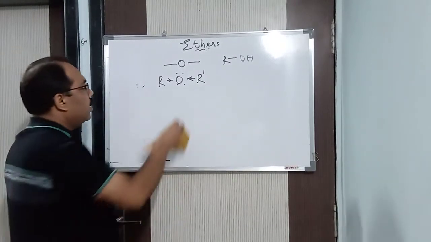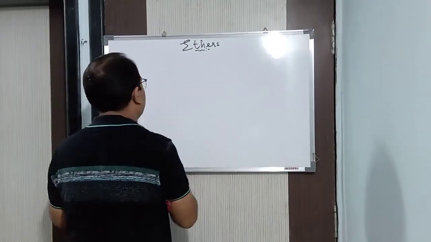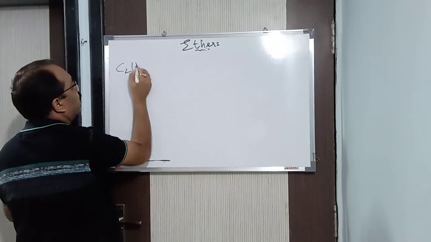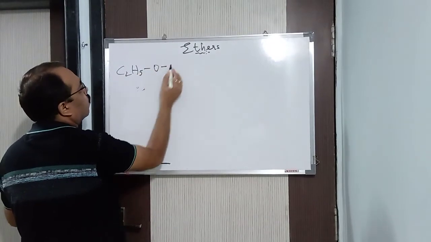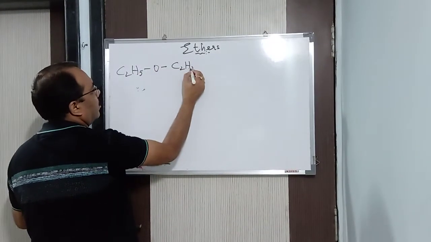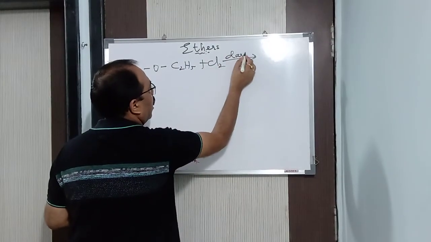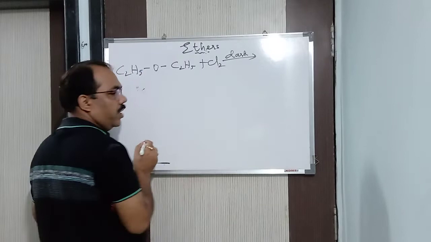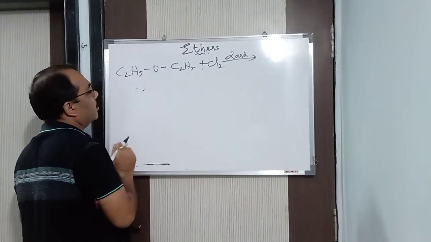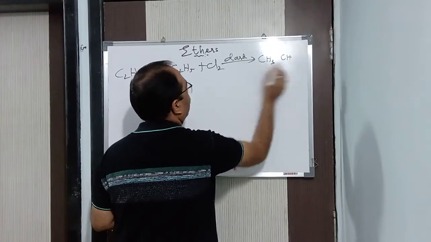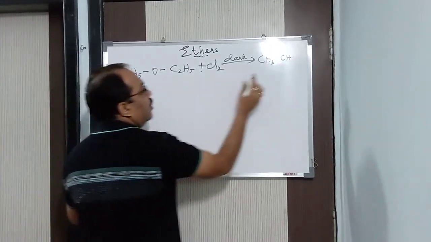First of all, ethers when they react with halogens. Suppose I take C2H5 O C2H5 plus Cl2 in presence of dark. What will happen? You will get CH3 here, I am just breaking this up.